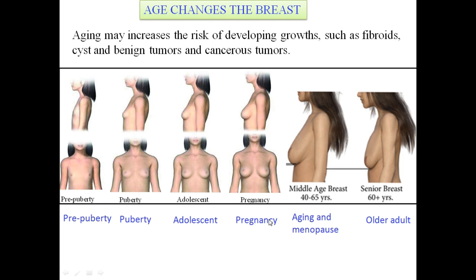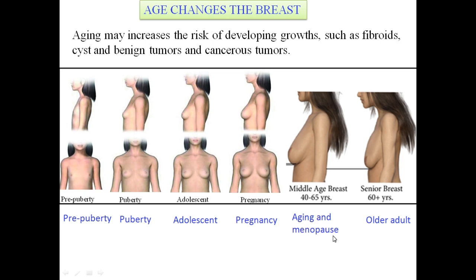In pregnancy, the progesterone and prolactin induce the complete maturation of the gland, and here around the nipple the tubercles of Montgomery can also be observed.